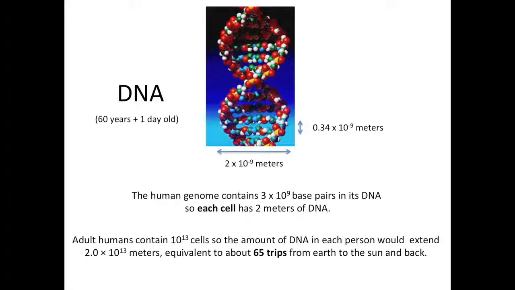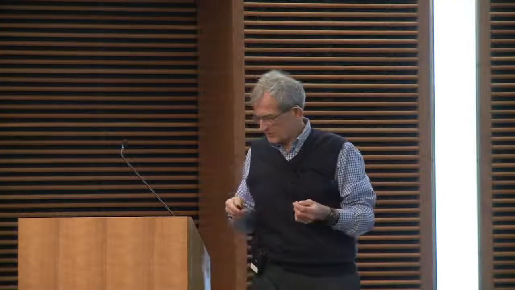There are enough base pairs in the DNA molecule that we end up with about 2 meters of DNA in each one of our cells. Okay. So it's a very thin molecule. That's how we can squeeze all that DNA into the nucleus of our cells.